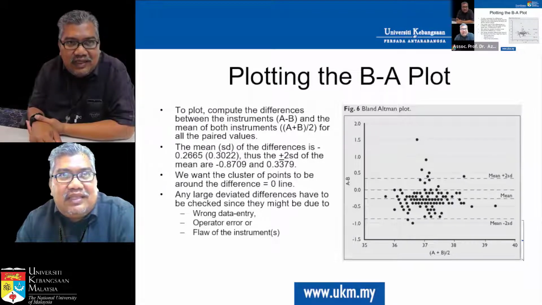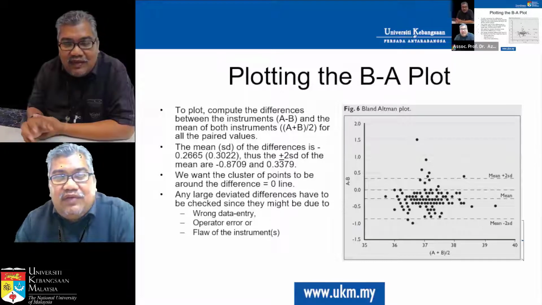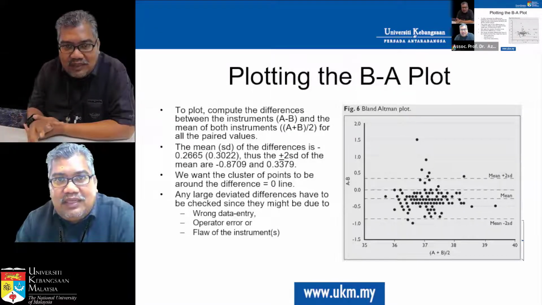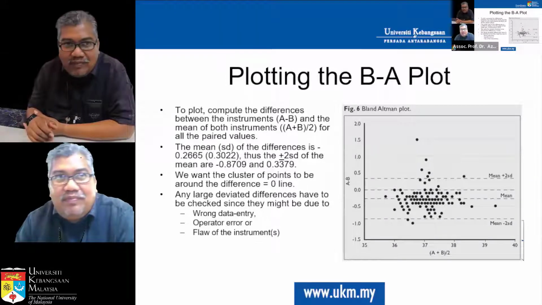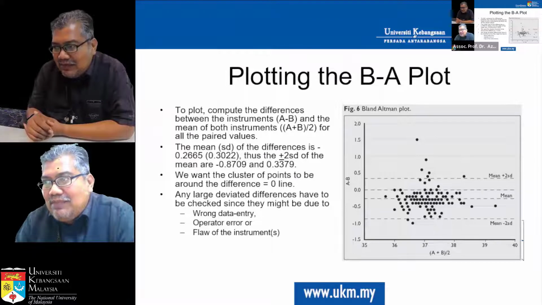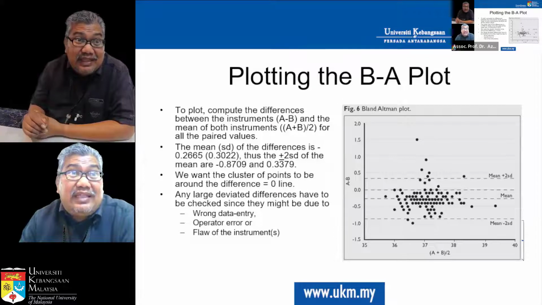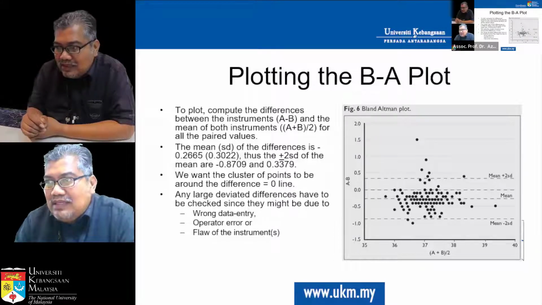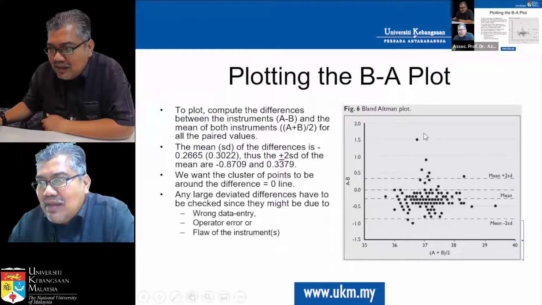First, we look at the values: the value of A is for thermometer A, and the value of B is for thermometer B. For every measurement, we get the sum, A plus B, and the difference, A minus B. After you get all these values, you put them into a scatter plot, and the scatter plot will look like this.